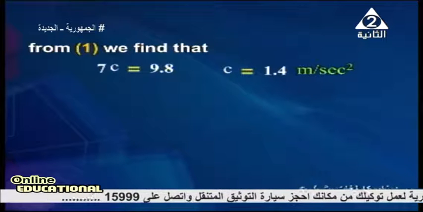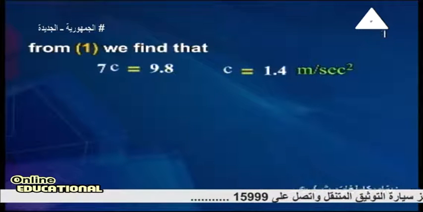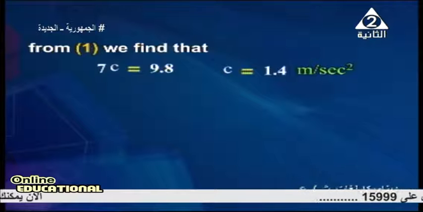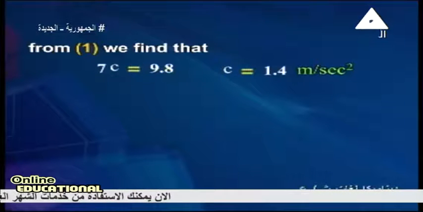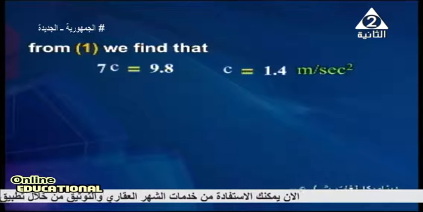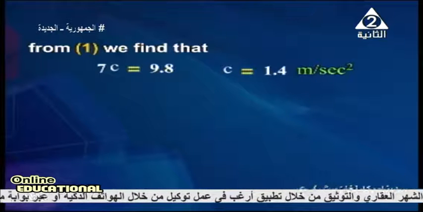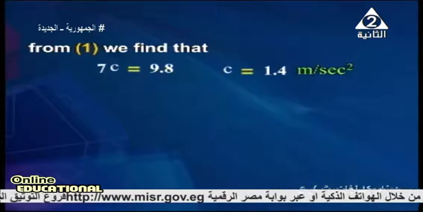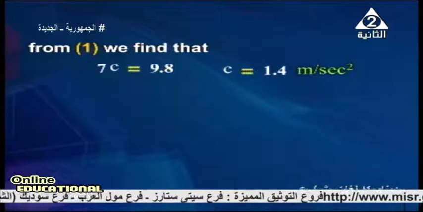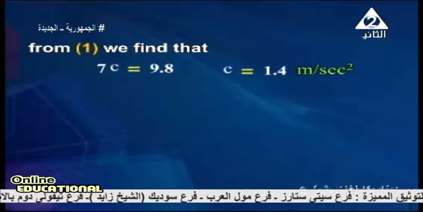Dividing both sides by 7, then c equals 1.4 meter per second squared, and this is the acceleration of the motion in the first case, when the reading of the scale is 8 kilogram weight. And in the second case, the acceleration is 2 times 1.4 meter per second squared when the reading of the scale is 5 kilogram weight.